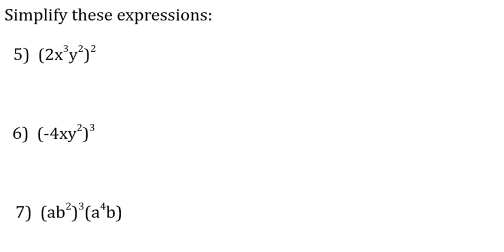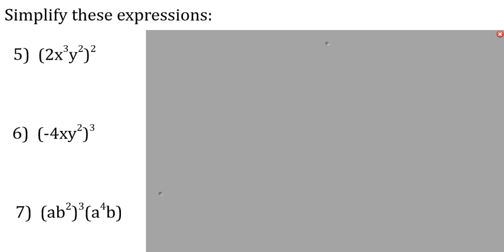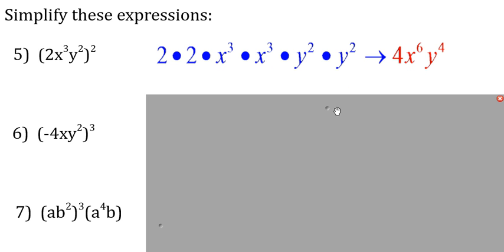Let's try a few more. 2x to the third y squared, squared, should give us 4x to the sixth y to the fourth.